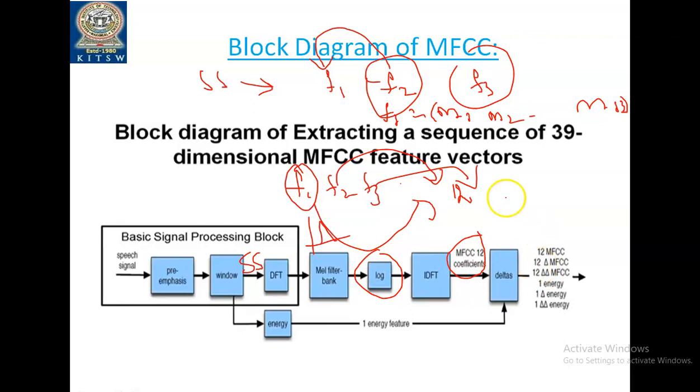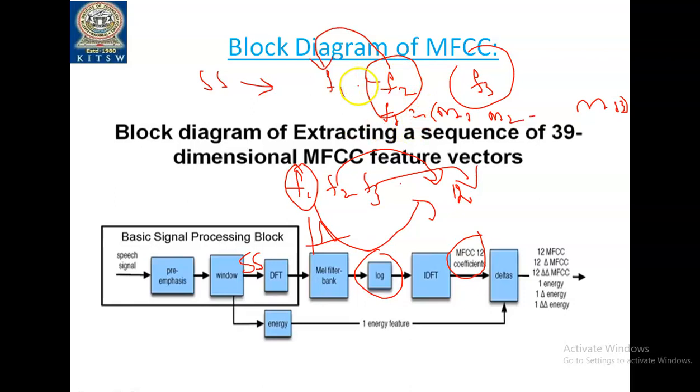Please understand here. The first way, straight away we take the 12 coefficients from each frame, that is the 12 MFCC coefficients, and then we take the 12 delta MFCCs in such a way that it is the difference of F2 minus F1. Let us assume F2 has M1, M2 and so on up to M13, and F1 also has its own MFCC coefficients.